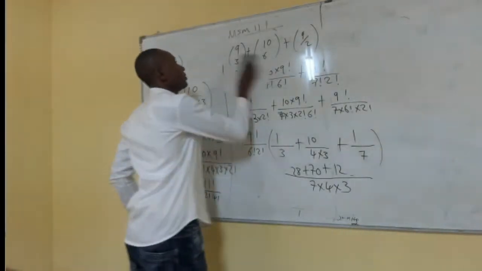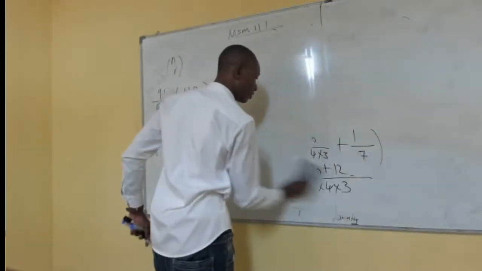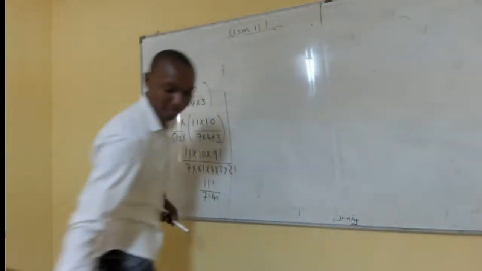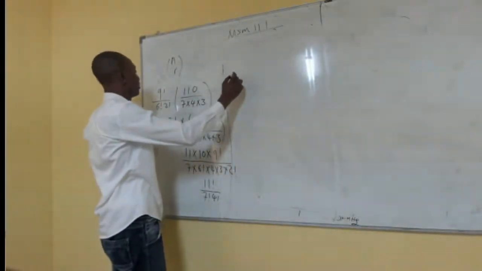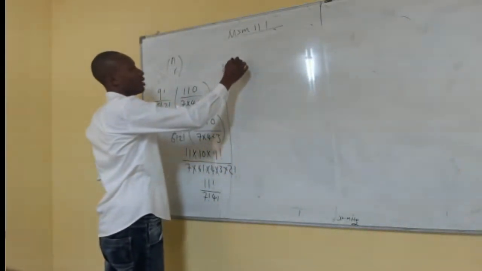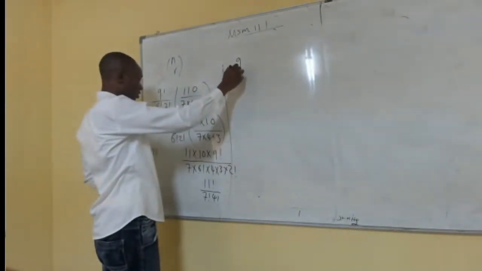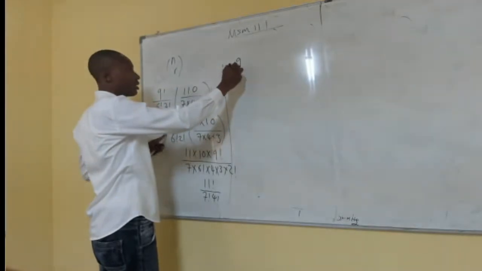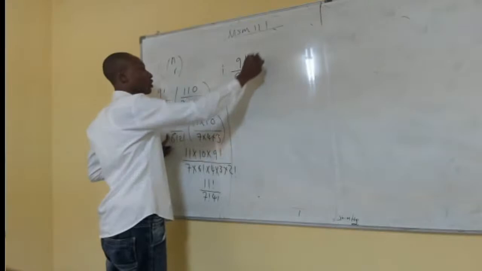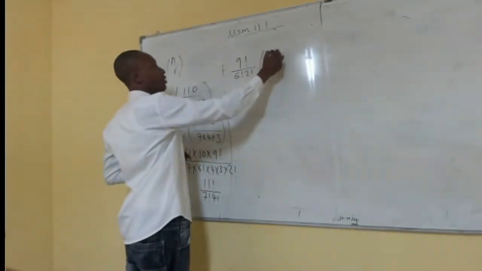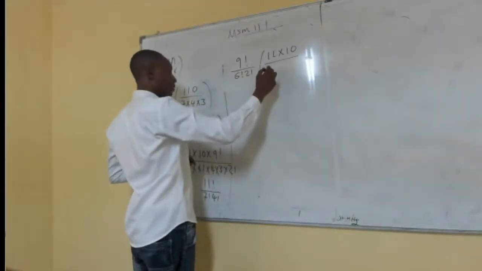Write it from here. So we have 9 factorial over 6 factorial 2 factorial. So I'm rewriting it from this point so that you see, in case you have some reflection.